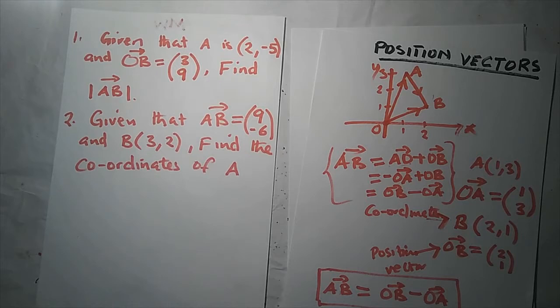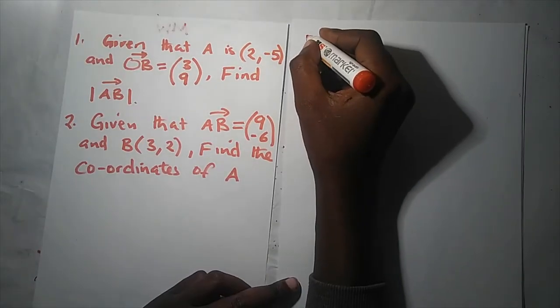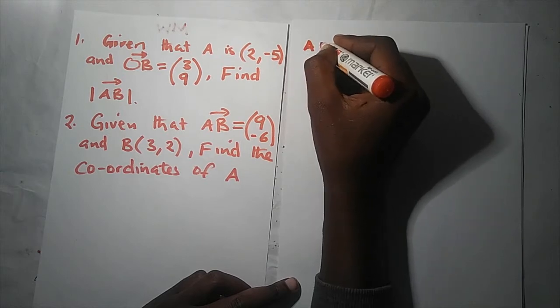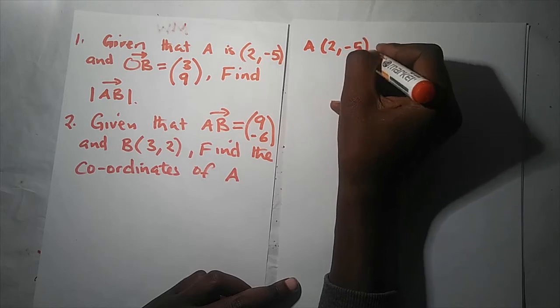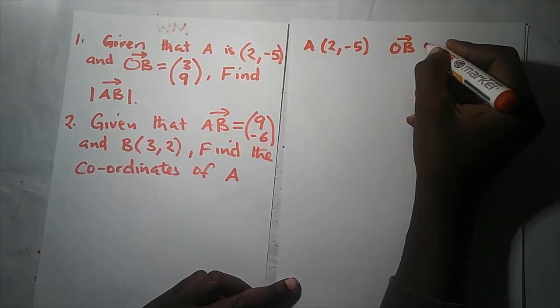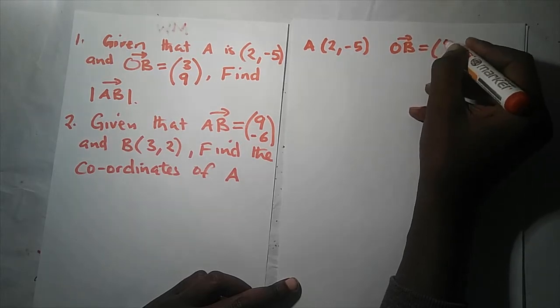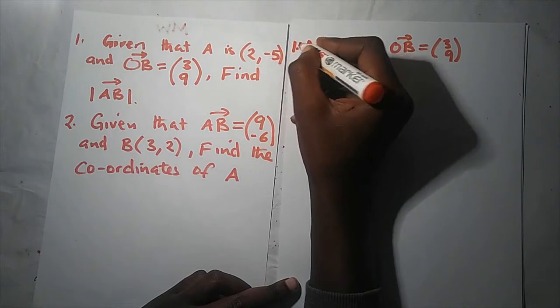So we are going to find the magnitude of AB. So A is the point 2, -5, and then we are given the position vector for B, which is given as 3 and 9. Okay, so this is our first question here.